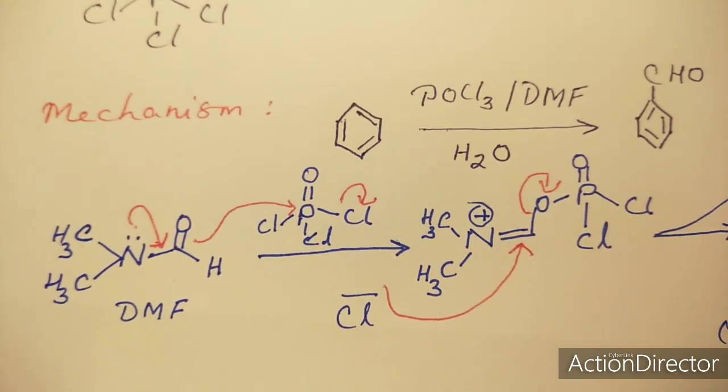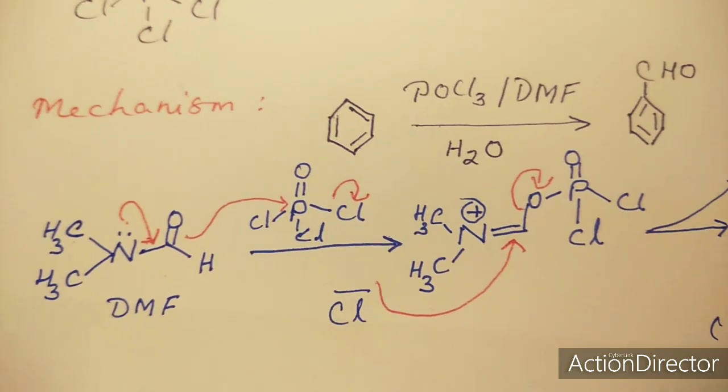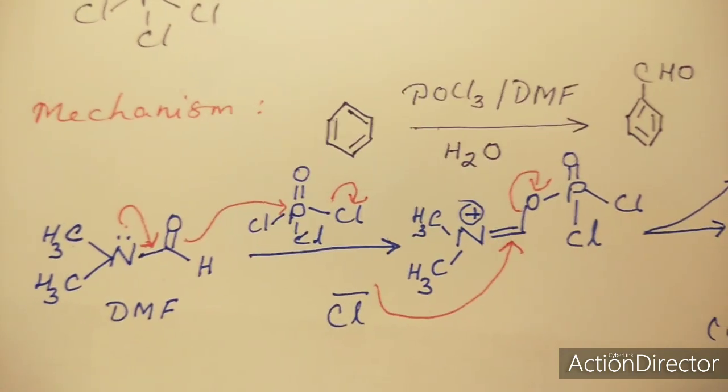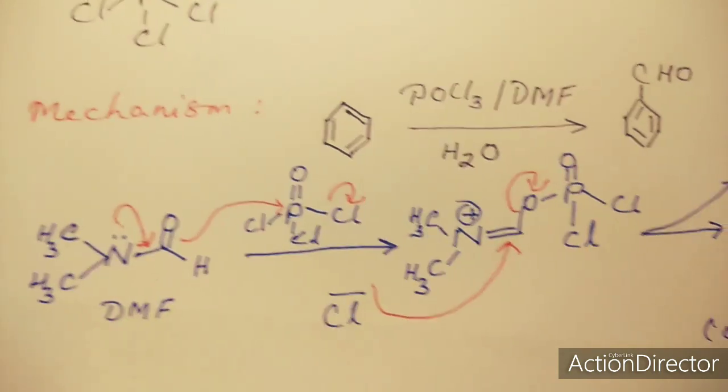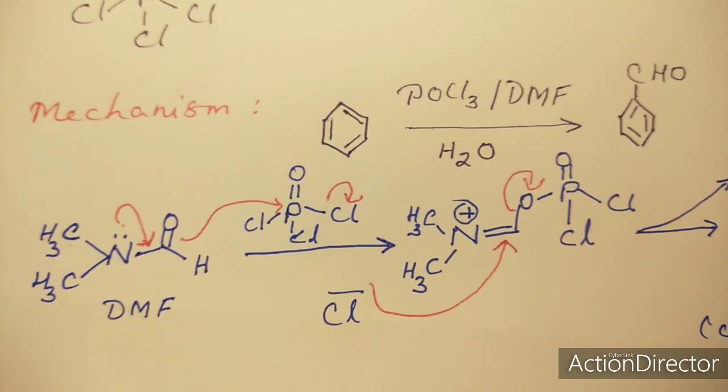It can be benzene or it can be substituted benzenes or other derivatives, but they should be aromatic and should be rich in pi electrons, because the attacking species is an electrophile which is lacking electrons.